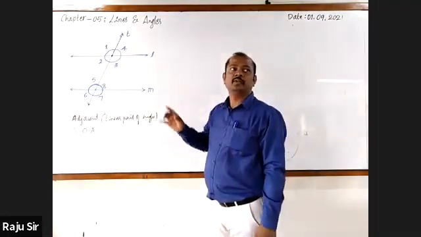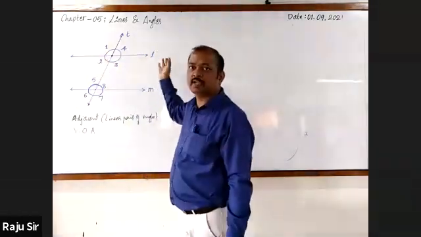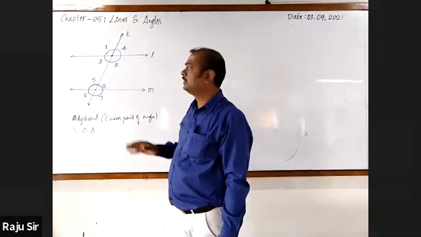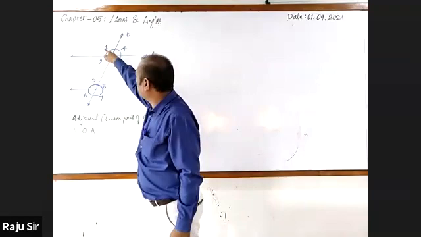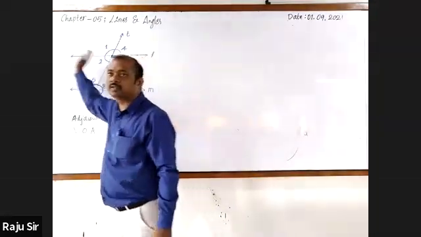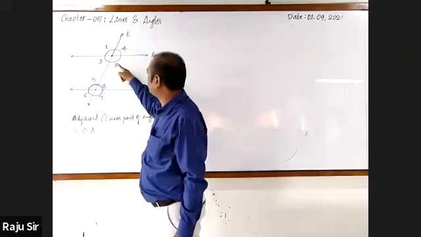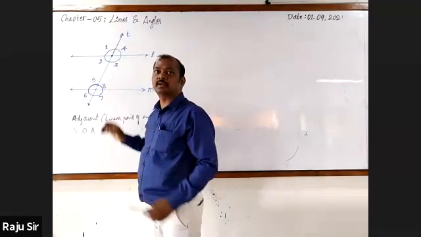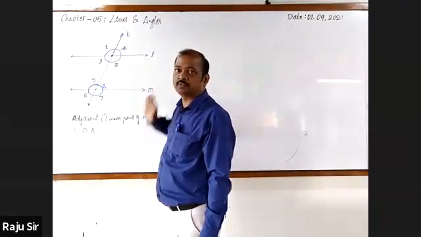Observe the angles that are formed on the same side of the transversal. They may be 1, 2, 5 and 6. These are the angles formed on the same side. Not only them, 4, 3, 8 and 7 are angles formed on the right side of the transversal.